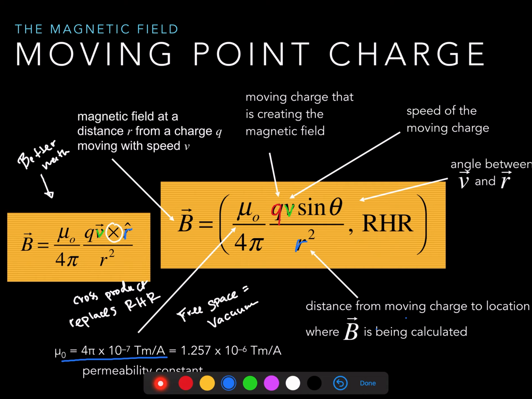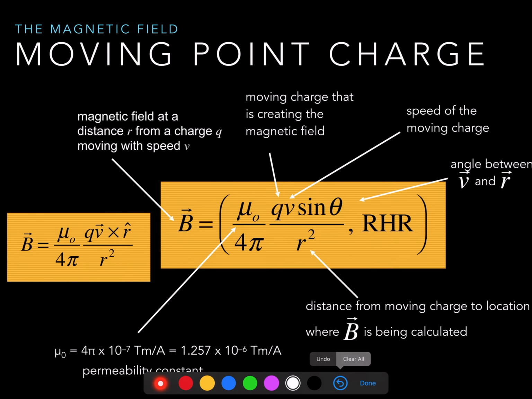What is this? Hypotenuse. What's the hat? What kind of vector has a hat? Unit vector. What is the magnitude of a unit vector? 1. Okay? So if you take the cross product, this becomes V times 1 times sine theta.